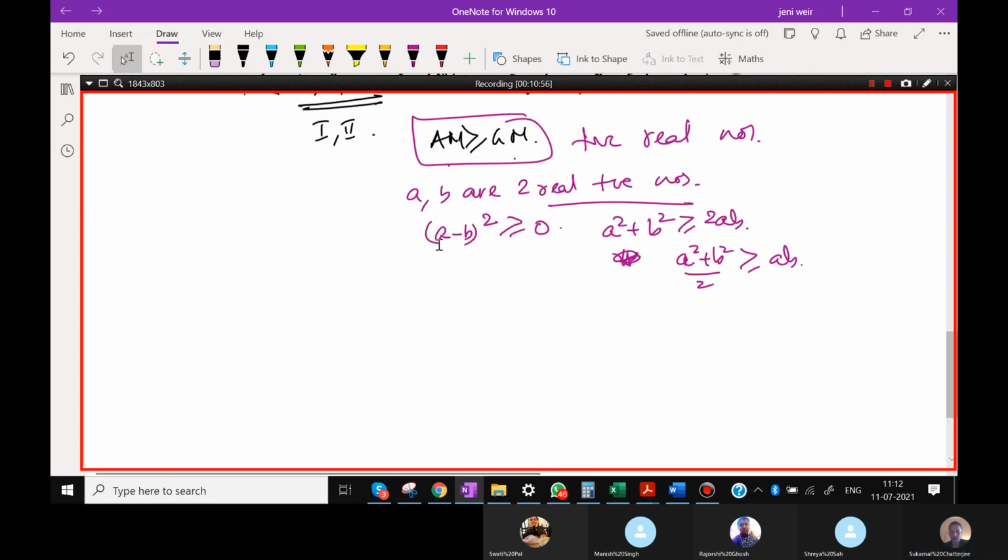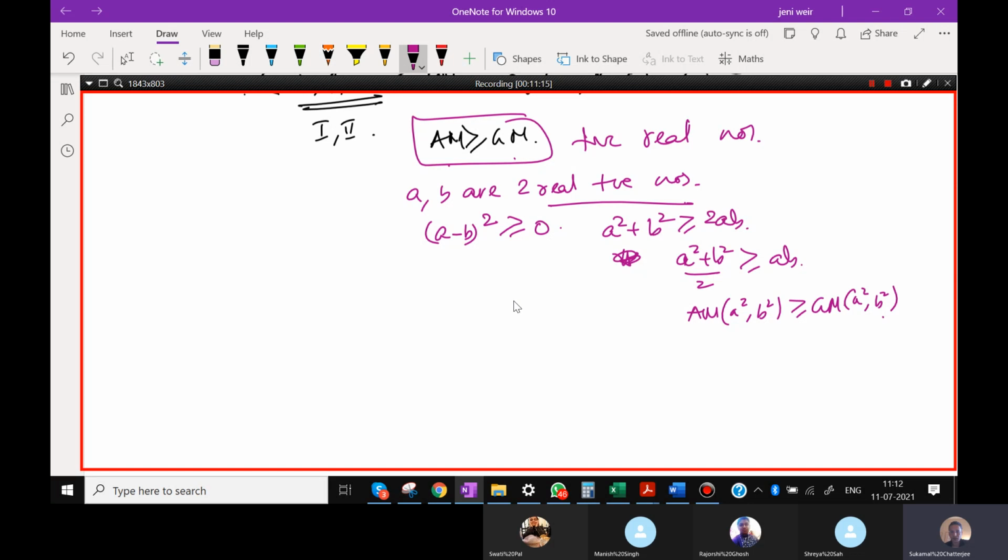Right? So this is greater than this. This is the arithmetic mean of A square and B square greater than or equal to the geometric mean of A square and B square. This is the concept.